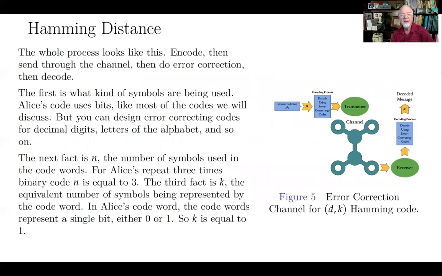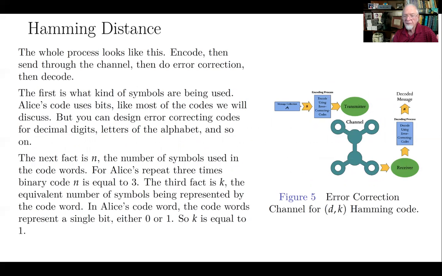Okay, so the whole process looks like this. You have a collection of messages. A particular message A is chosen. There's an encoding process using error correcting codes. Then there's a transmitter that takes that, runs it through a channel, and it comes to a receiver.